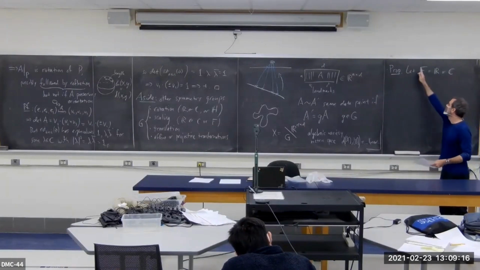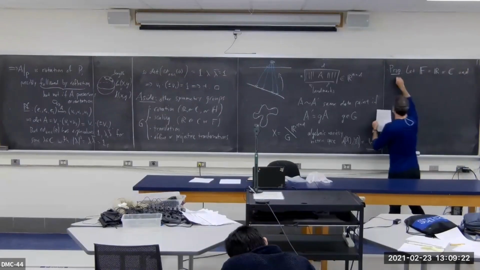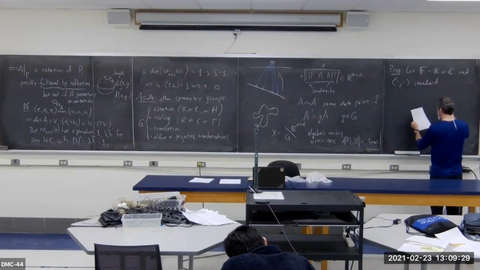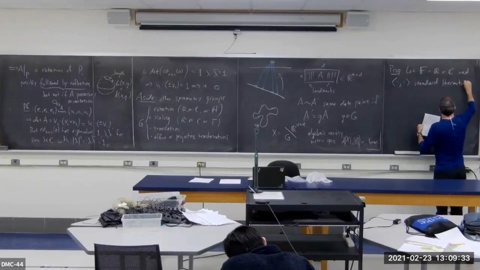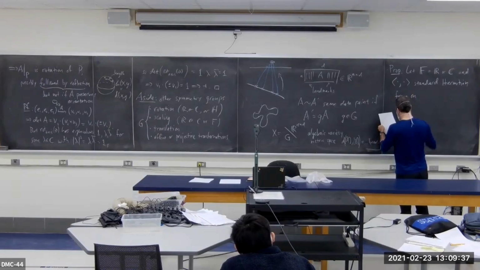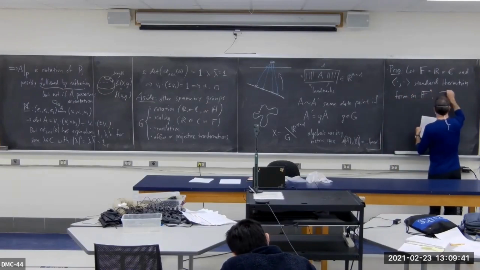That's what the little blackboard bold thing is supposed to indicate. And let's suppose that we have the standard Hermitian inner product, standard Hermitian form, on F to the n.